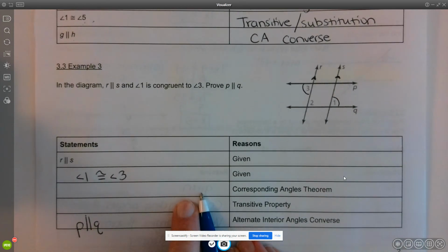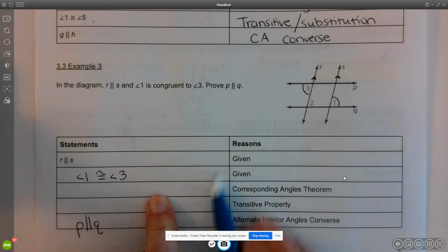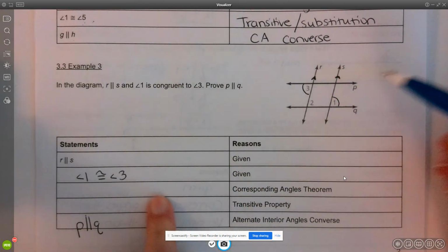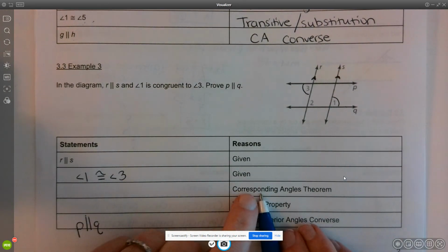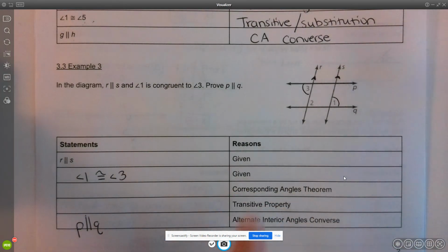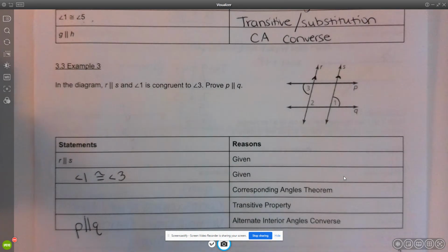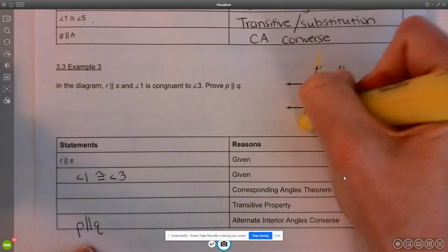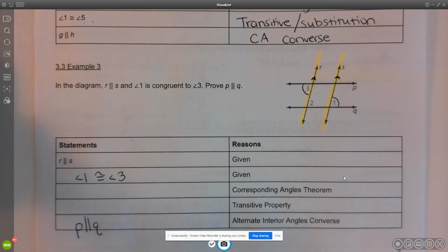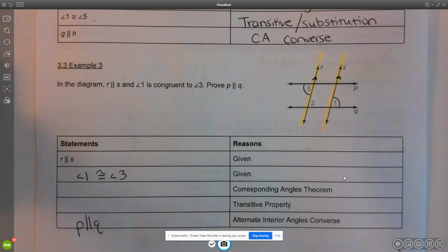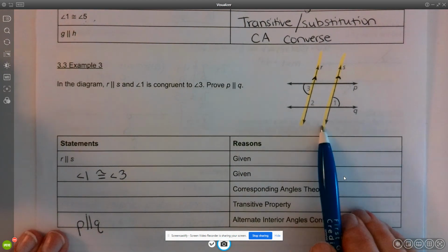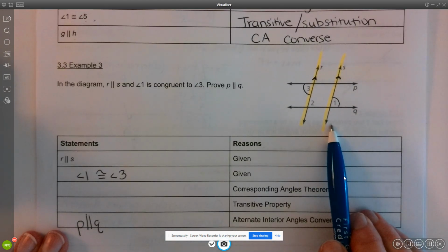Next, we have to figure out what other two angles we know have to be congruent. Because we know that R and S are parallel, so that might help us find some more congruent angles. And they give us the hint that you're using corresponding angles. So I need to look at my two parallel lines. Here are my two lines I know are parallel. And I'm asking myself, do I see any corresponding angles that are formed by these two parallel yellow lines?